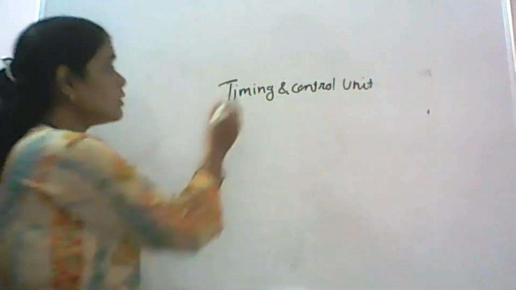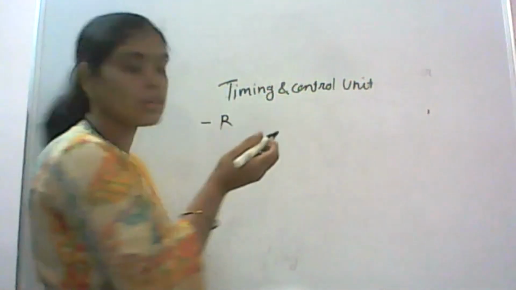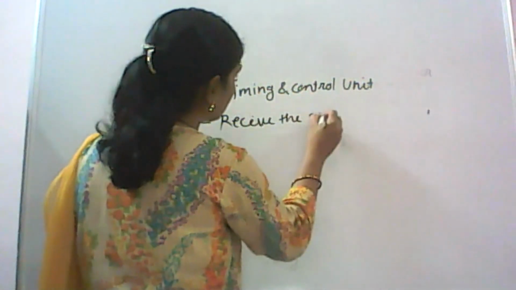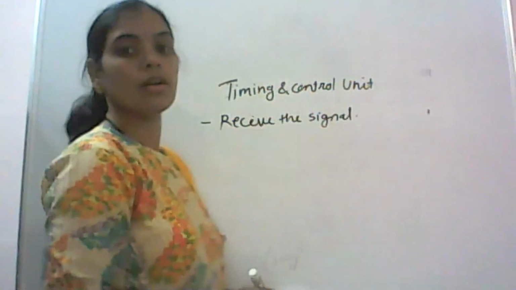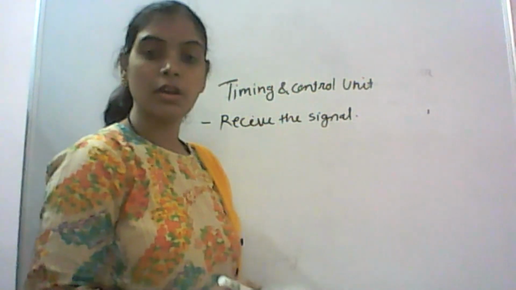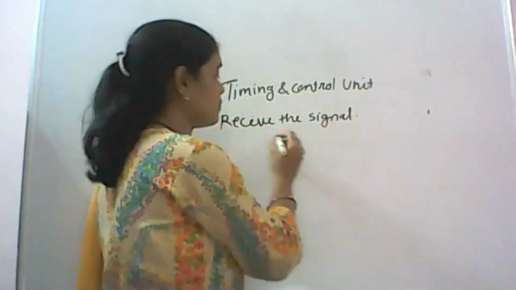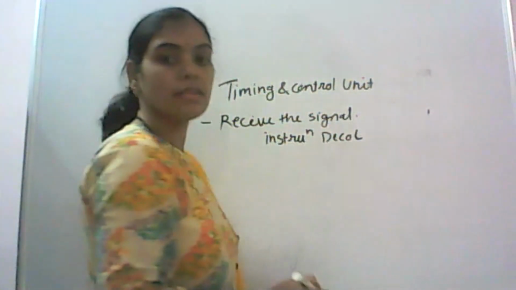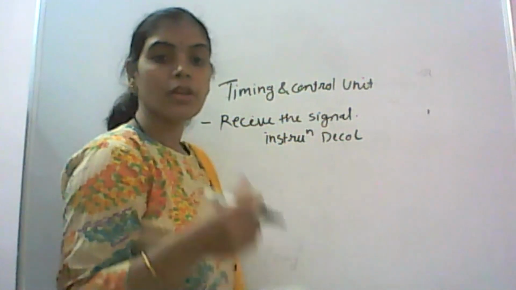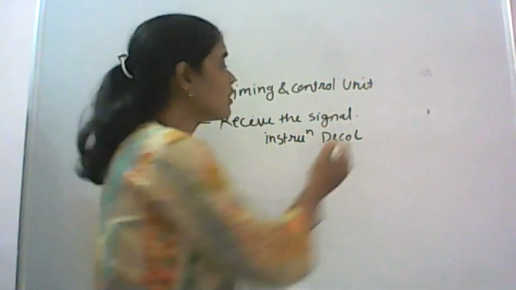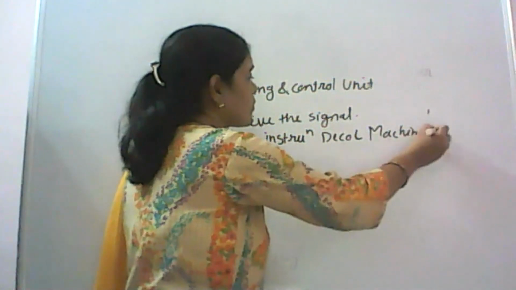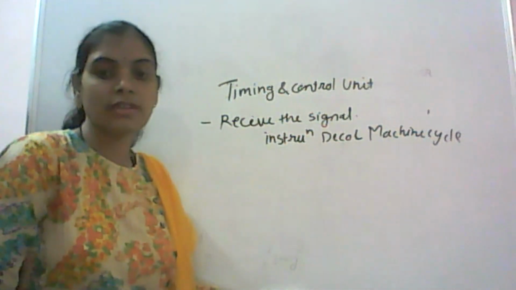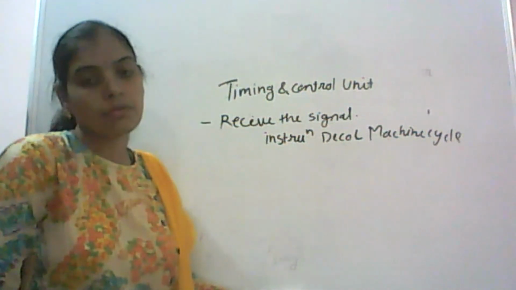This unit receives the signal from the instruction decoder and machine cycle encoding unit, and generates control signals according to the microprogram for the instruction.